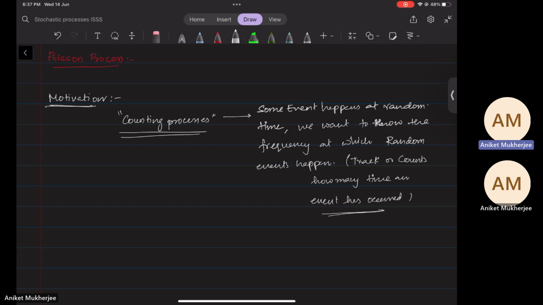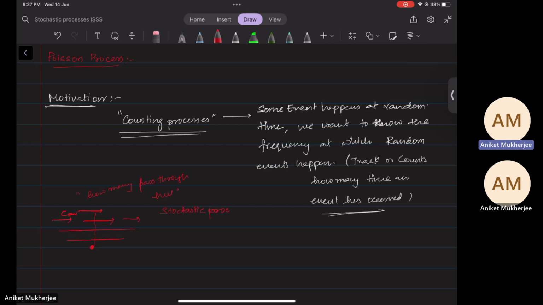We'll start with the motivation, with some small examples. You have a road and some cars pass through it. You are the observer here. You want to know how many cars pass through here. You want a stochastic process model.